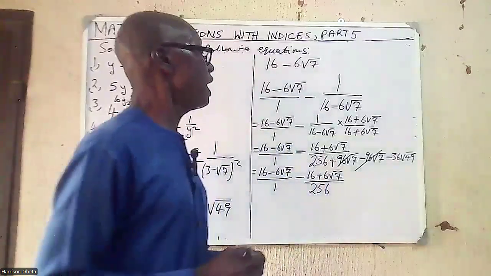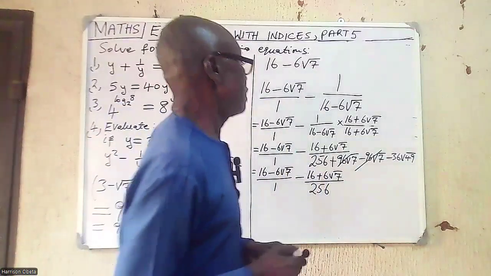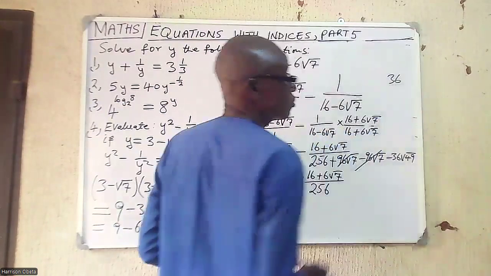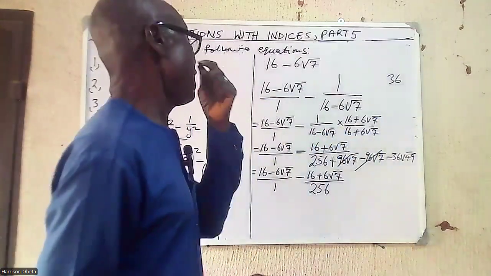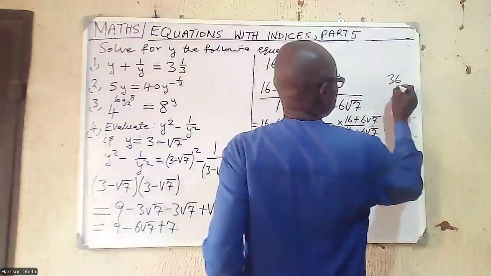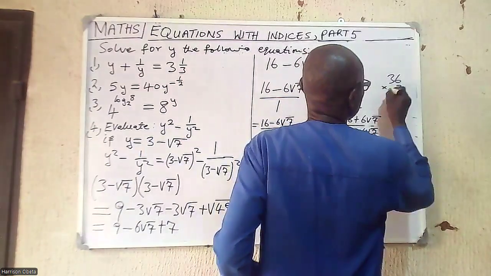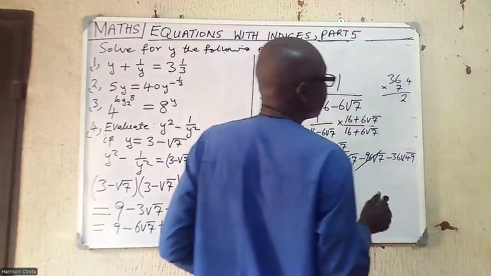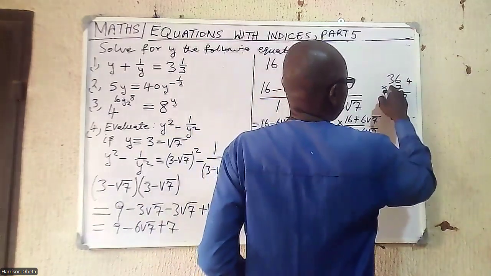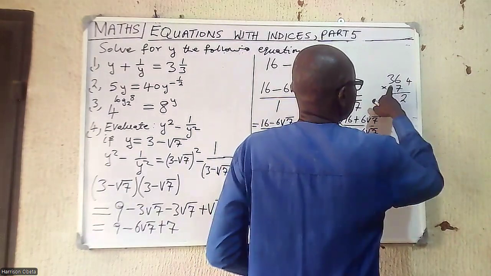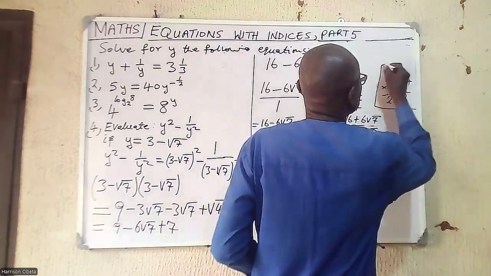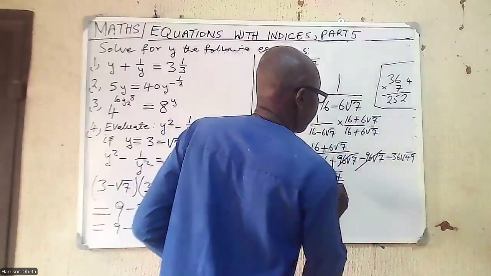Then 36 times 7, because the square root of 49 is 7. 36 times 7 is 252.